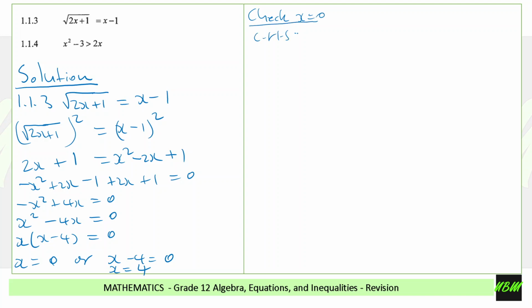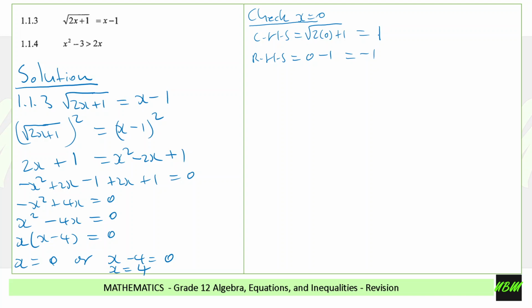Left hand side: we are going to substitute 0 into the left hand side of the original equation, the square root of 2 times 0 plus 1, which is equals to 1. Then the right hand side is 0 minus 1, which is equals to minus 1.